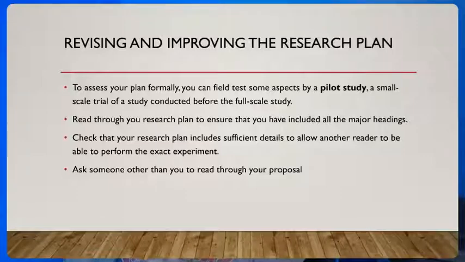Another way to revise and improve is by reading through your research plan to ensure that you have included all the major headings. You can also check that your research plan includes sufficient detail to allow another reader to perform the exact experiment. And another way is to ask somebody other than yourself to read through it so they can pick up on things that you might be overlooking or missing.